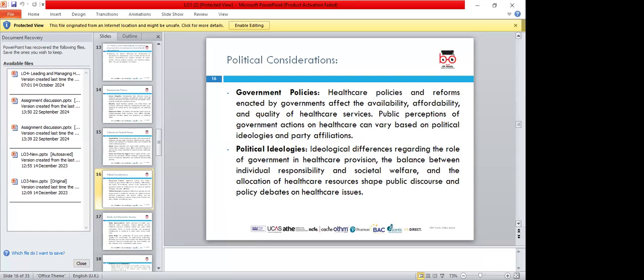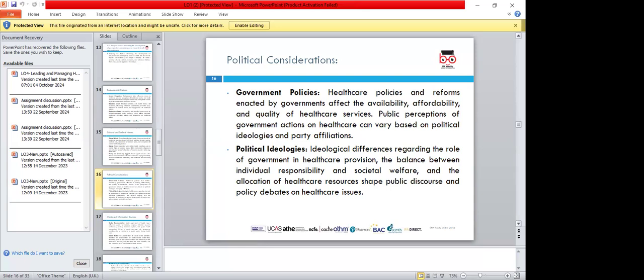So the political ideologies also, which is still government, relate to government healthcare provision, the balance between the individual responsibility and the societal welfare, and the allocation of healthcare resources, which shape the public discourse and policy debates on health issues.